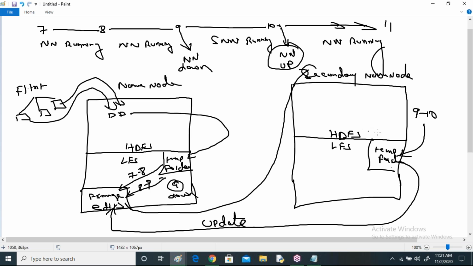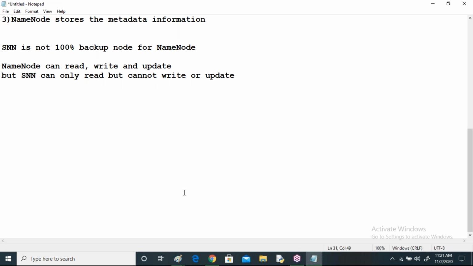So when the name node is up, it is going to read from the temp folder and update that into FS image and edits. The name node can read, write, or update into FS image and edits during its presence and during its absence. But the secondary name node can only read, and cannot write or update into that.